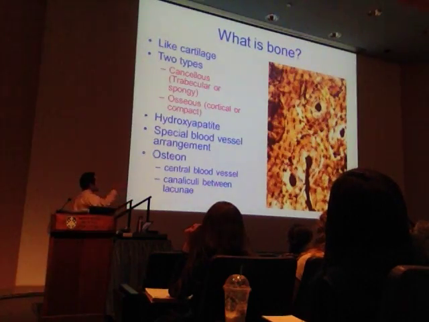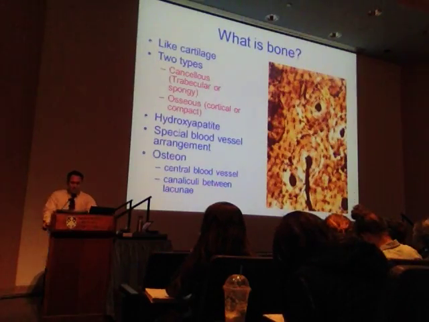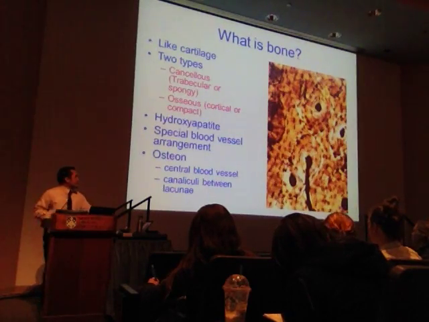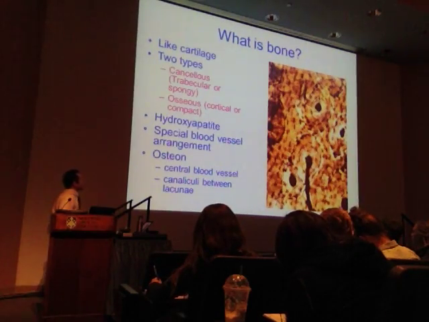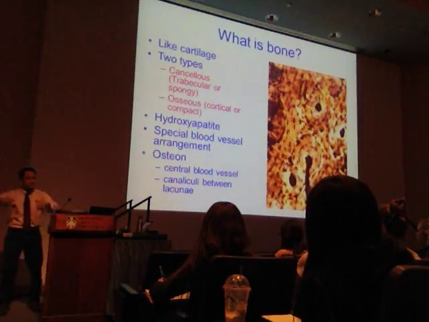The bone itself has bone mineral known as hydroxyapatite. This is a mineral form of calcium, calcium apatite. It's abbreviated many times in the literature as HA. And there's a unique blood vessel arrangement of bone. Bone has this channel-like system. Okay?